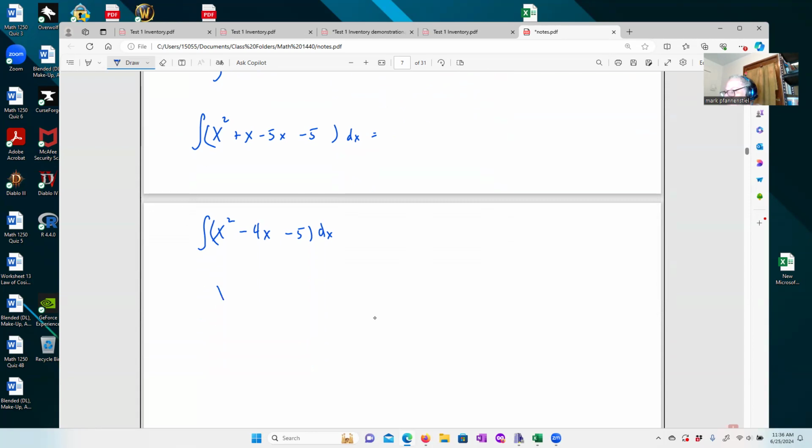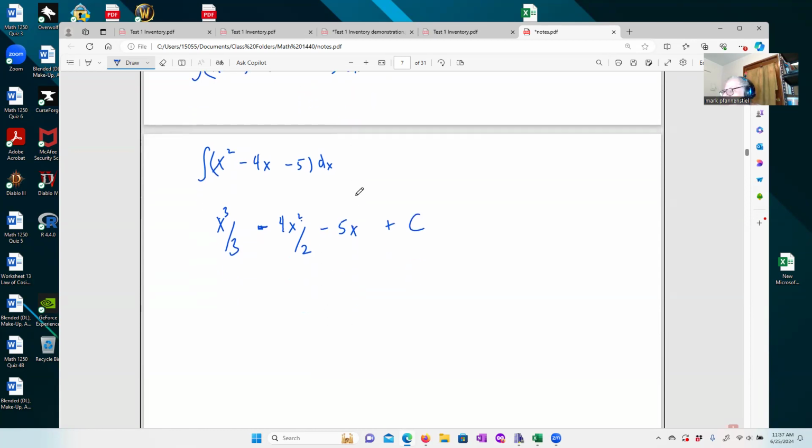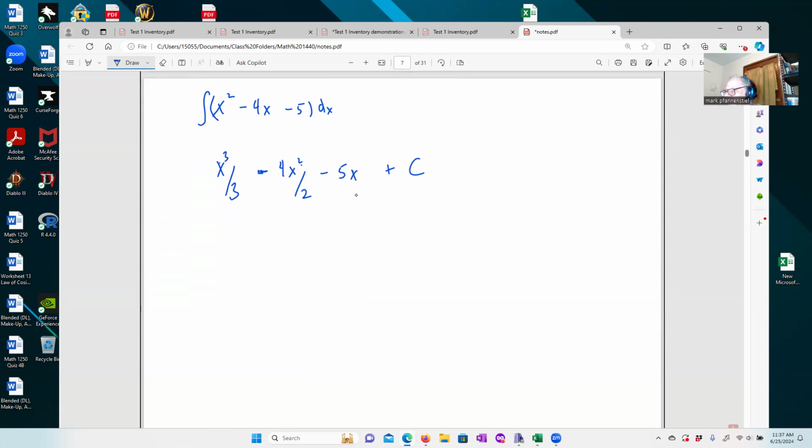So we're just going to say this is x cubed over 3 minus 4x squared over 2 minus 5x plus c. Even though I have a c1 plus c2 plus c3, I'm just going to make it a c. And then we're going to make this a little bit prettier. You could leave it x cubed over 3.